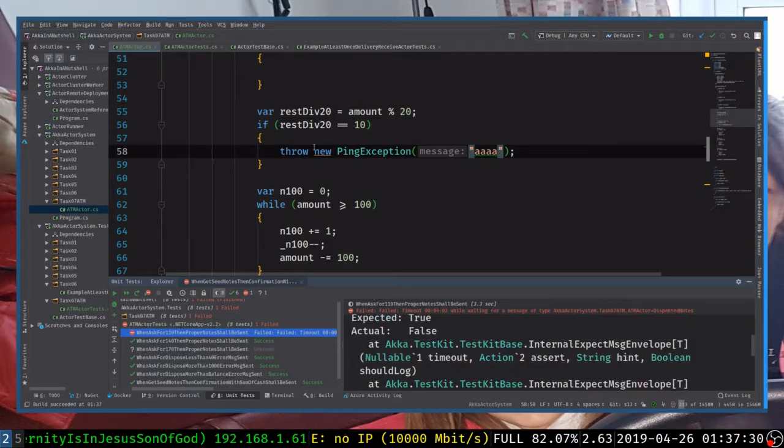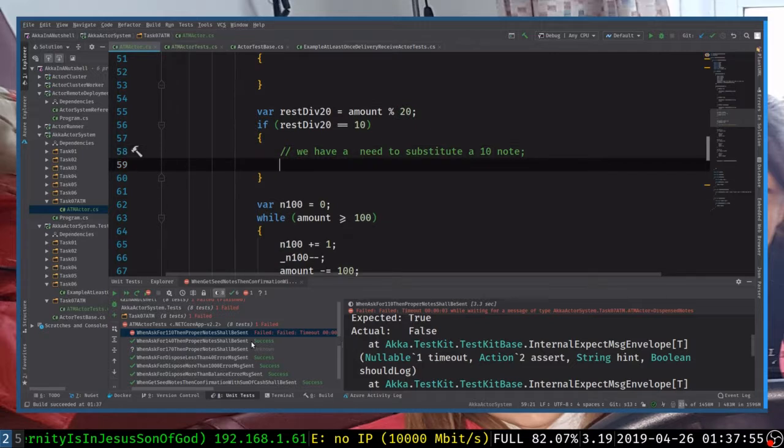So what that means in this particular case, okay, that means we have a need to substitute a term note.